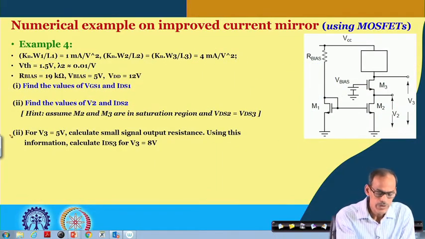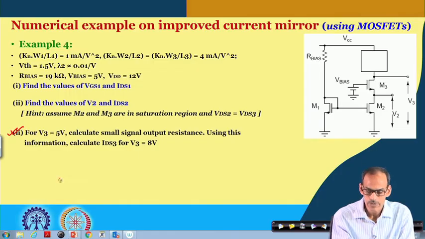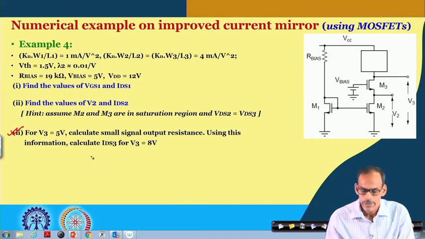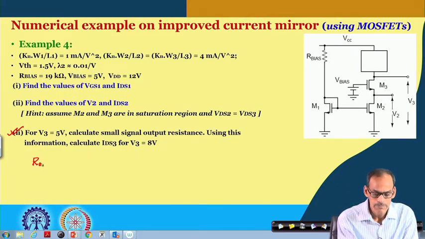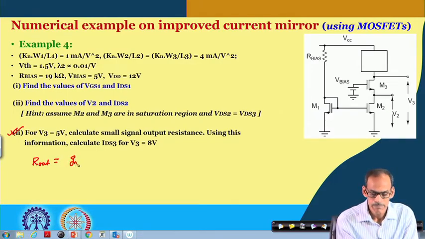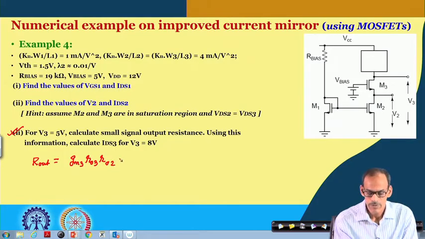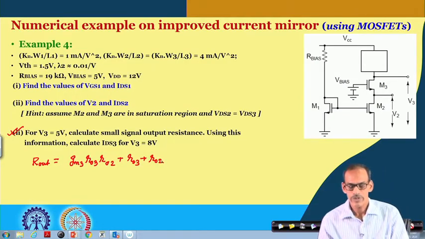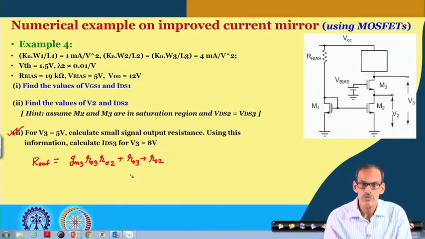We need to find the small signal output resistance, and Rout is gm3 multiplied by RO3 or RDS3 multiplied by RDS2, plus RO3 plus RO2. Note that RO and RDS are synonymous.